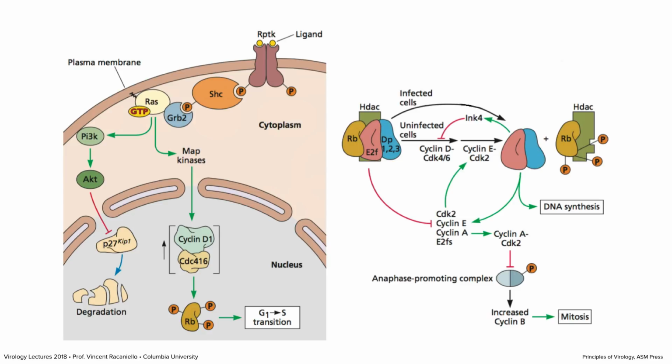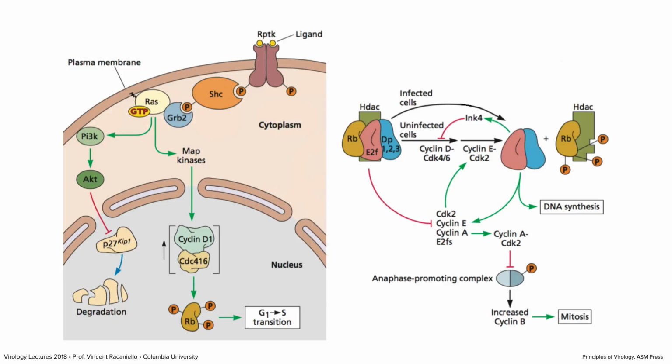And that's because RB is normally complexed to the E2F transcription proteins. Remember, E2F, a family of transcription proteins needed for adenovirus transcription, but those are also needed to transcribe the genes that are needed to go through mitosis.